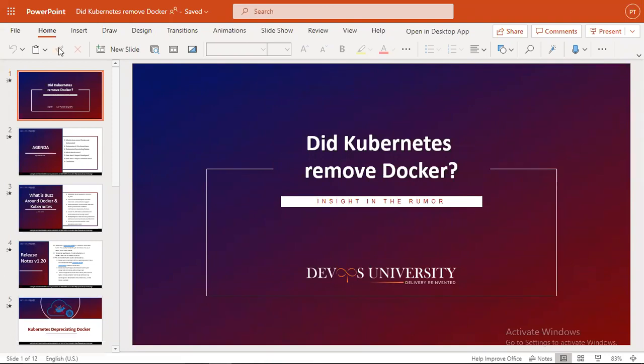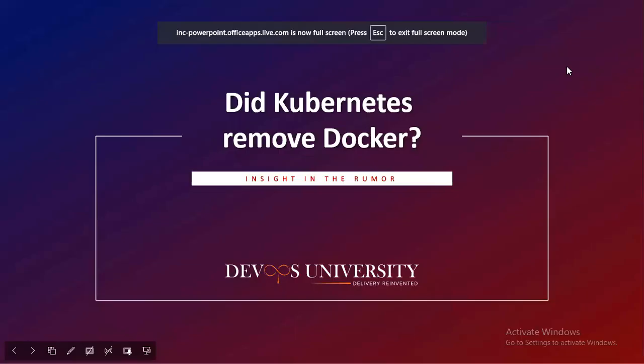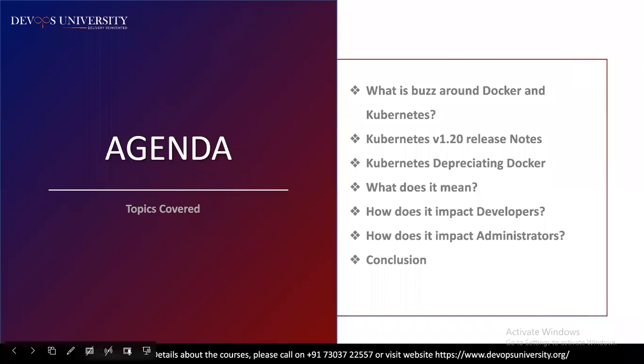So what are we going to discuss today? Our agenda is: what is the buzz around Docker and Kubernetes? Since December, people were talking about Kubernetes removing Docker, Kubernetes deprecating Docker. What is it exactly, and what does it mean?